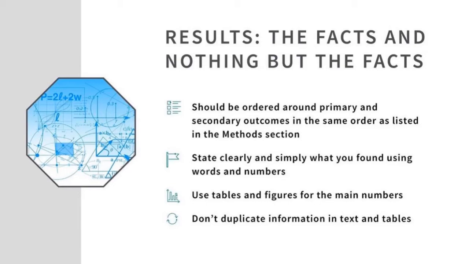That's more effective, more efficient as a way of getting across the outcomes of your study, ordering around the primary and secondary outcomes in the same order as in the methods section. This is the key to structure in this section of academic paper writing, using pictures, using tables, and don't duplicate information between your text and your tables and figures.